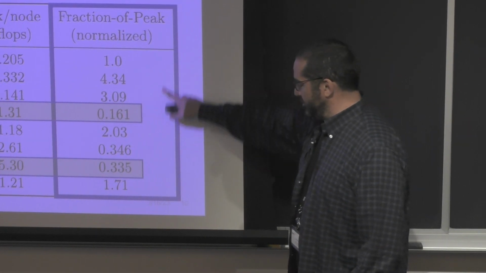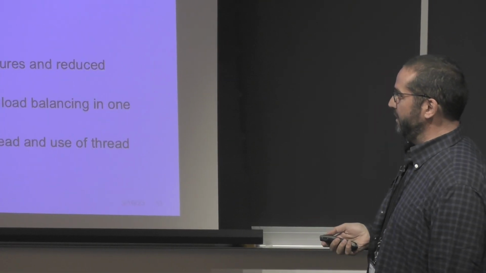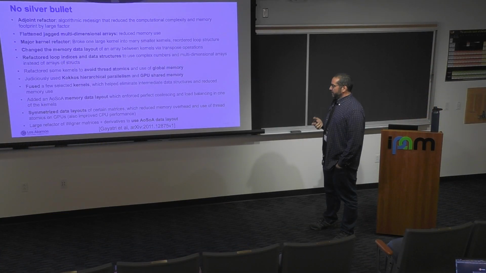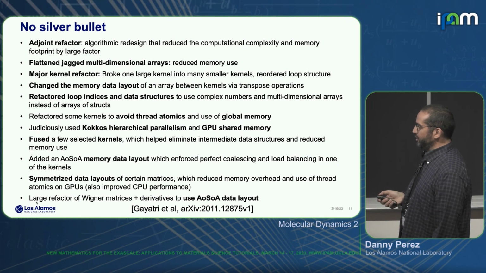If that trend kept going down, we were going to fail. So we had a strong incentive to do something about it. I think Raul will talk about some of this today, but the purpose of this slide is that doing something about it is not easy, and it's not one thing either.